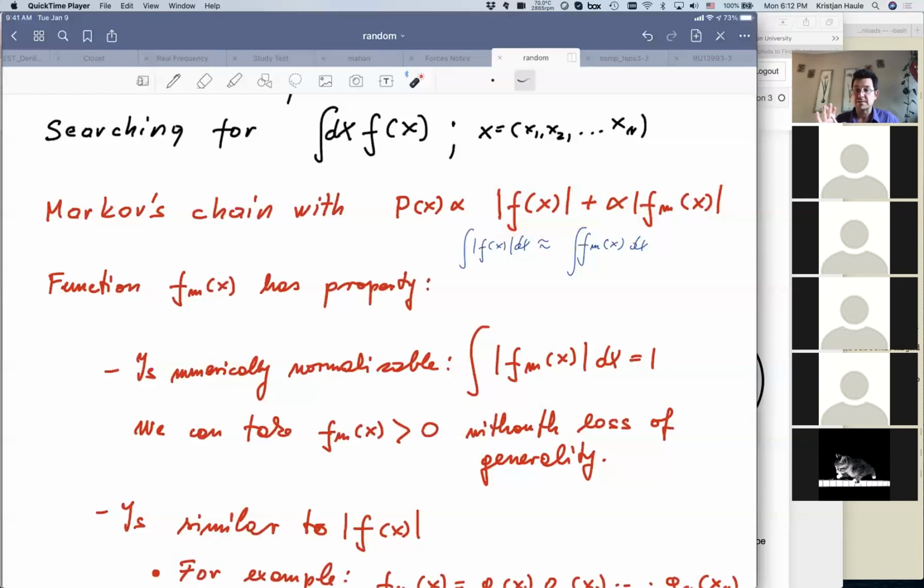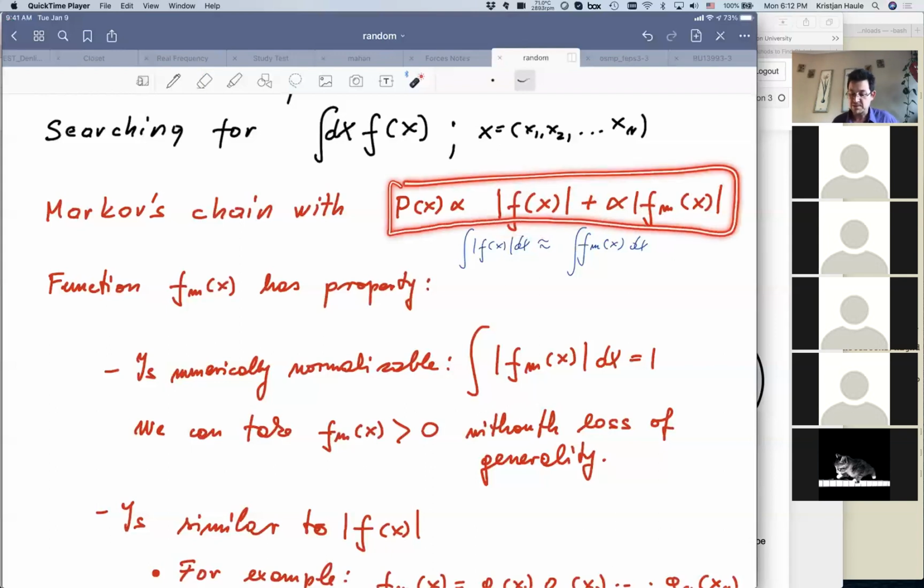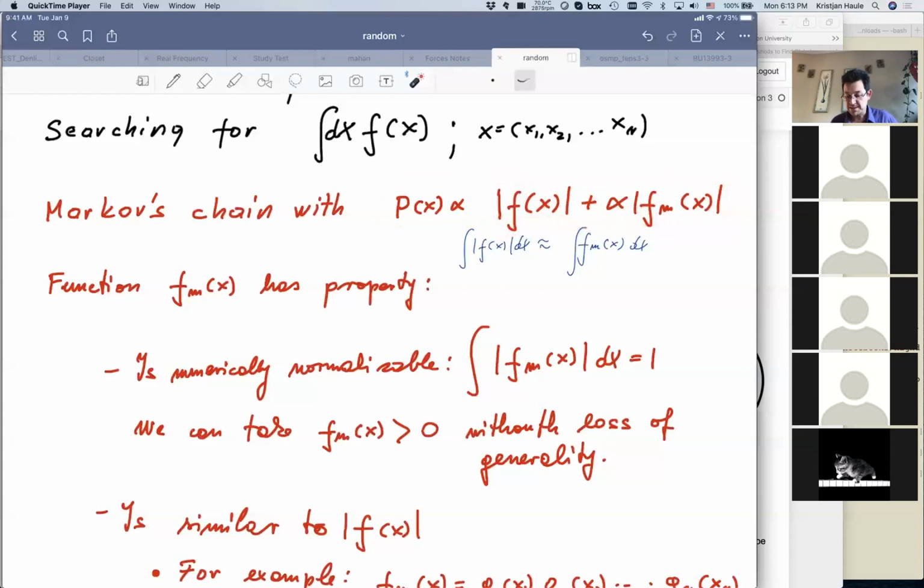So the first approximation is to move into the space of the function where the weight is roughly the average value of function of x, but we add to this weight a little bit of the absolute value of some other function which is known, for which we can numerically integrate.